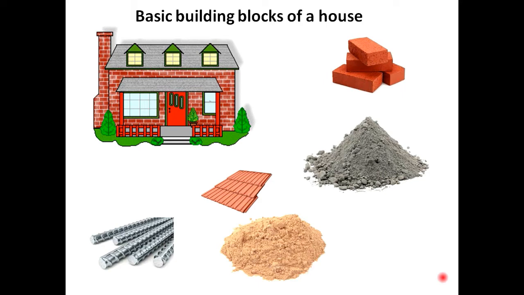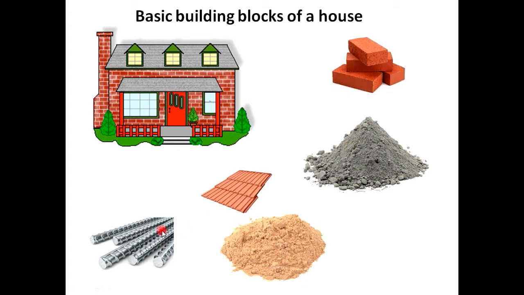These things are coordinated in a logically connected and meaningful manner to form this particular house. This is the final structure, and with the connection of these individual units we are making this house. So these items can be treated as the basic building blocks of a house.